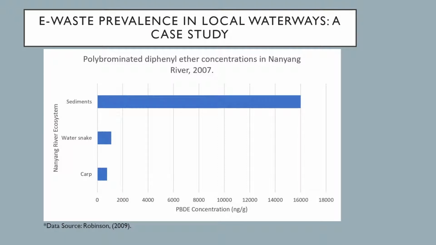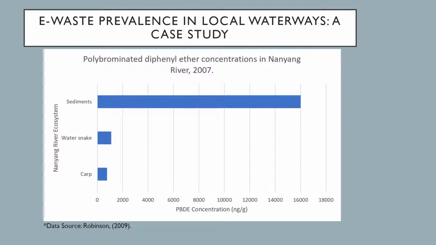E-waste prevalence in local waterways. This was in the Nanyang River, which is near Guiyu, China, and the substance in question is polybrominated diphenyl ether, or PBDE, which is a byproduct of plastics and is known to be difficult to get rid of naturally, and it covers sediments in rivers very well, which is evidenced by this shocking number of 16,000 nanograms per gram of PBDE in sediments.